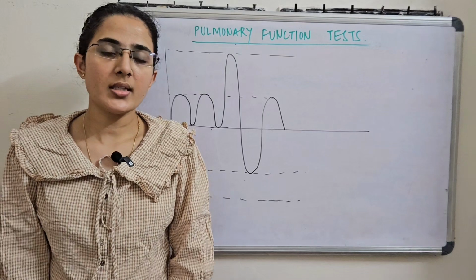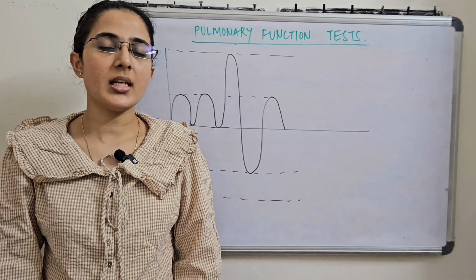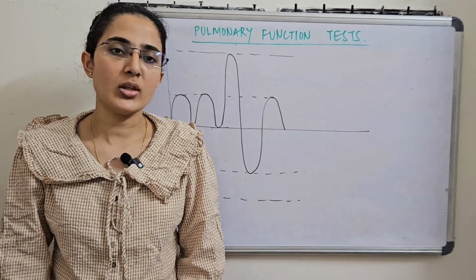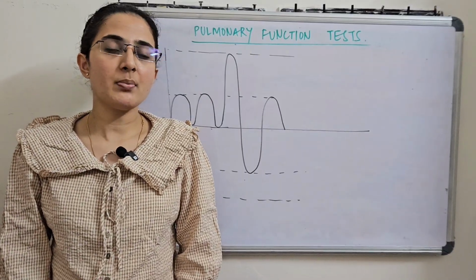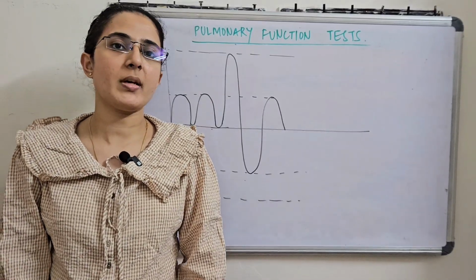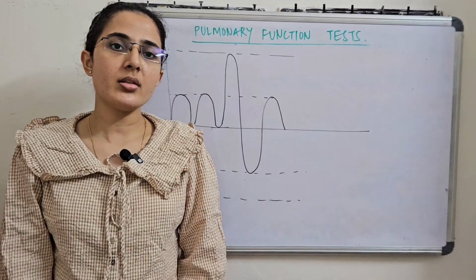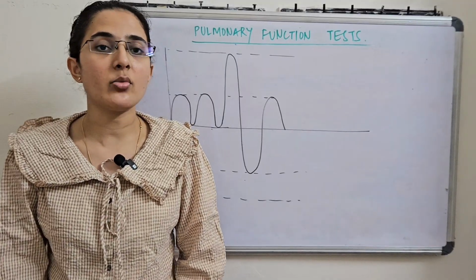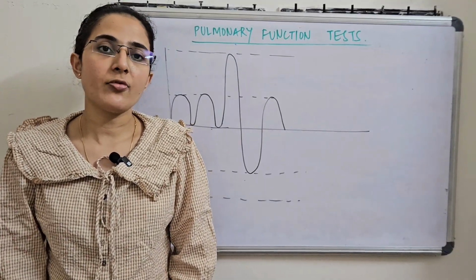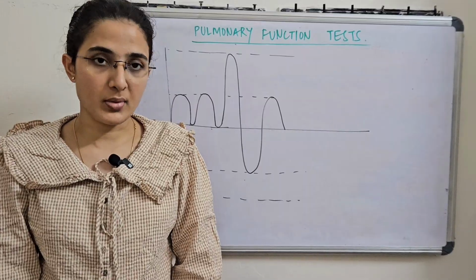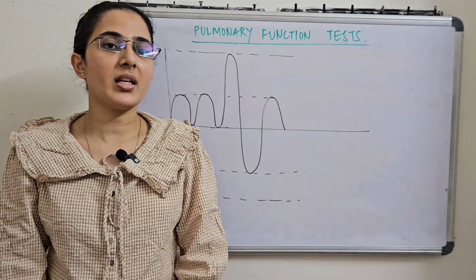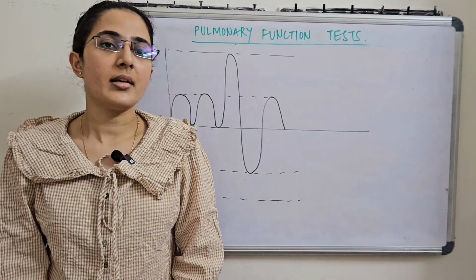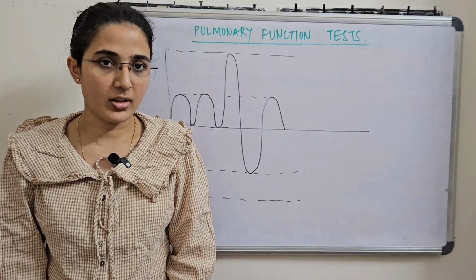Spirometry is basically used to measure various airflow volumes and capacities. Some of the prerequisites for spirometry are that the patient should have stopped any kind of bronchodilators at least 4 to 6 hours prior to the procedure, right? They should be wearing loose-fitting clothes, nothing that could restrict their breathing efforts.